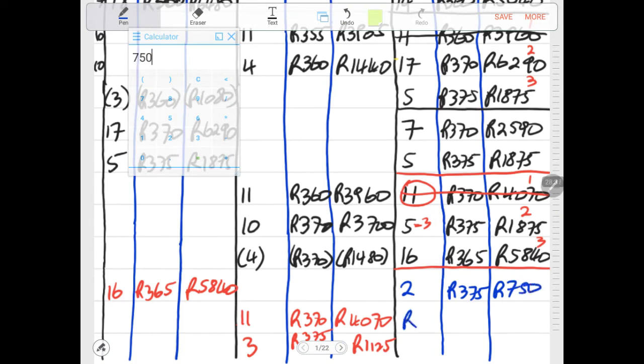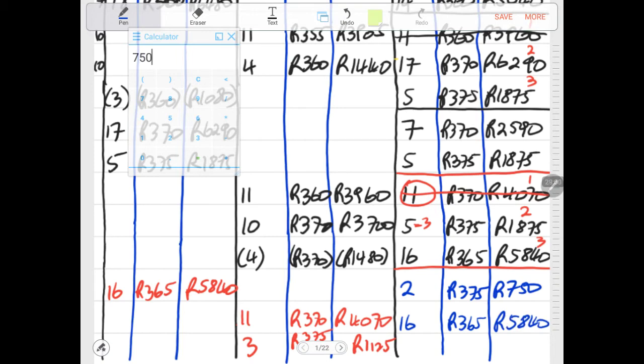Then the 16 units are still not touched. There are still 16 units that are not touched. The 16 units that are not touched were bought at 365, and this is 5,840.